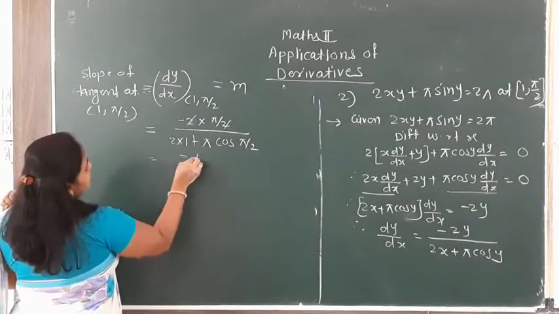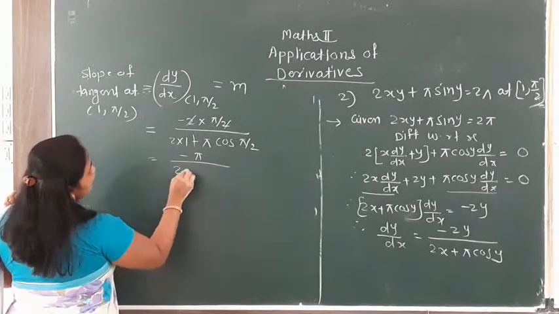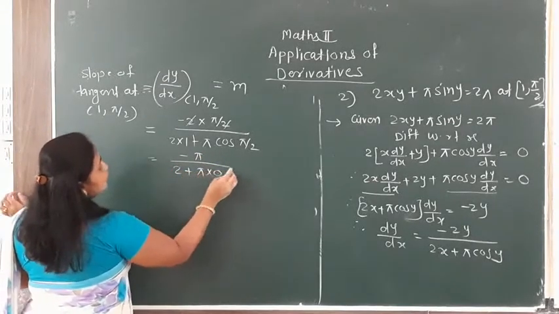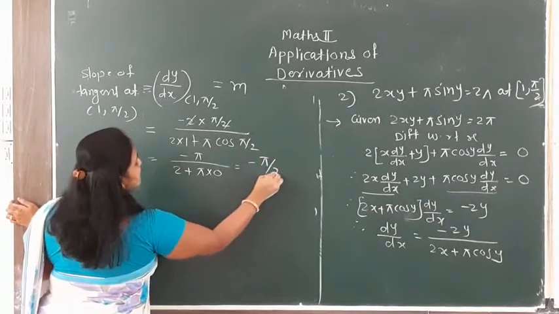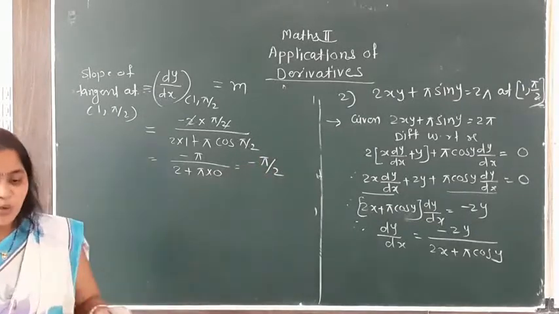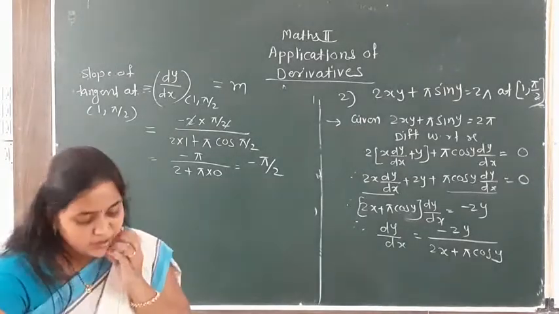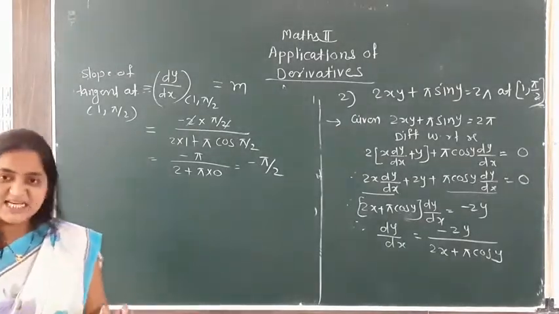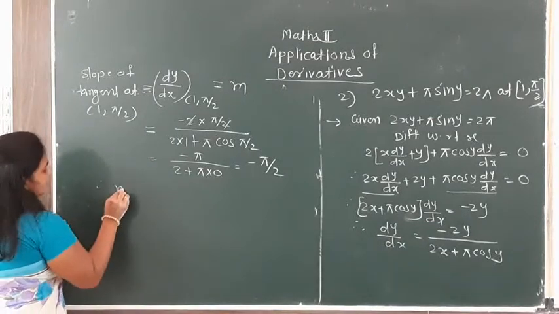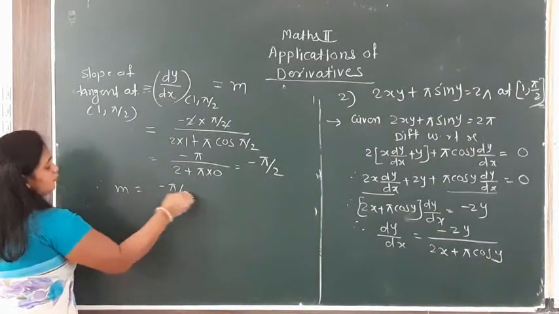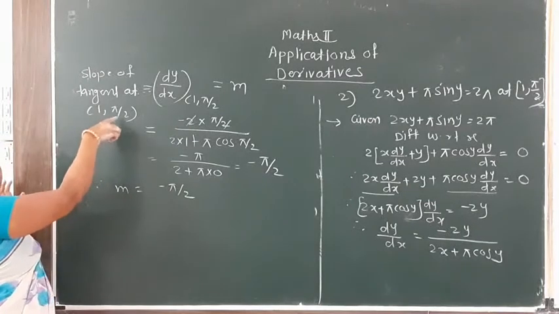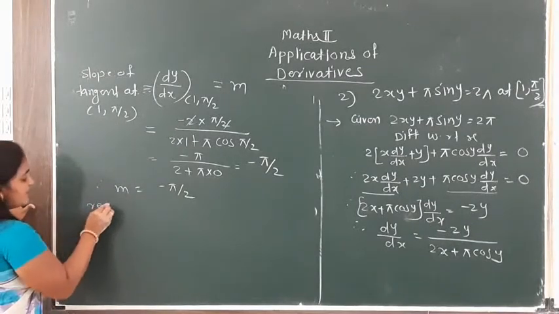So −π divided by 2 + π multiplied by 0. So we get the slope of the tangent at the point (1, π/2) as −π/2. So m here is −π/2, which is the slope of the tangent at (1, π/2).